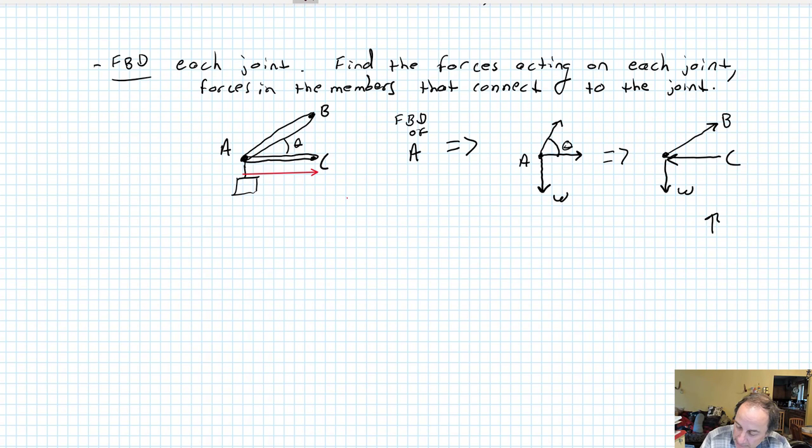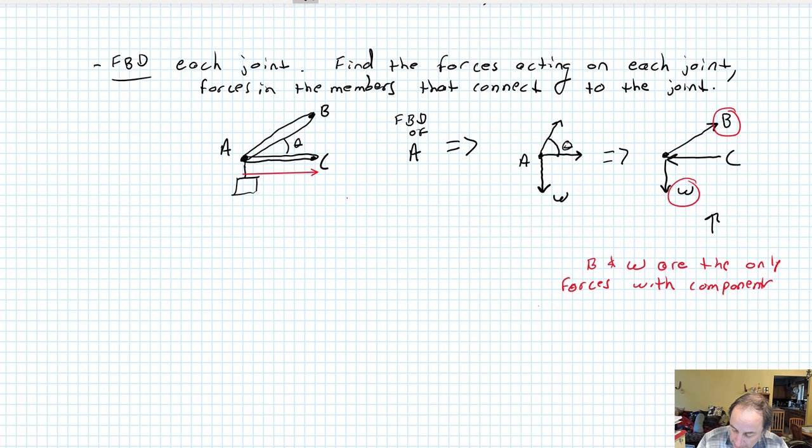That's right. Okay, if you look at B and W, those are the only two with forces in the y direction, right? B and W are the only forces with components in the y direction.